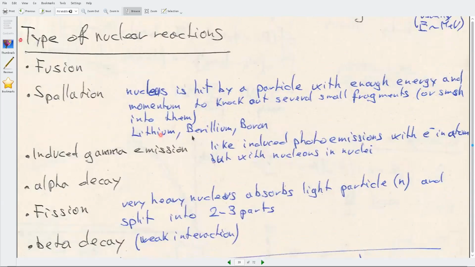It is typical to produce lithium, beryllium, and boron. These are not produced mainly in stars, but usually by spallation or in the outer part of the stars. Lithium, for example, starts to react easily at a few million Kelvin, so it is quickly destroyed before it can start to burn hydrogen.